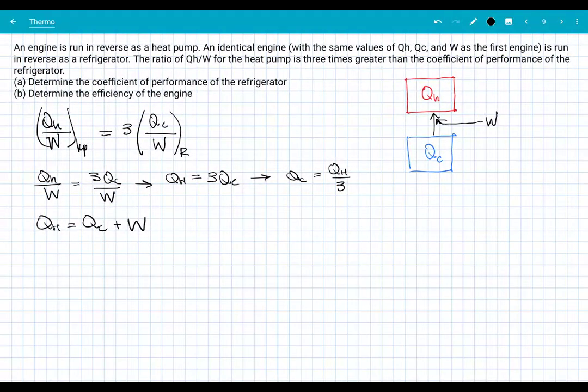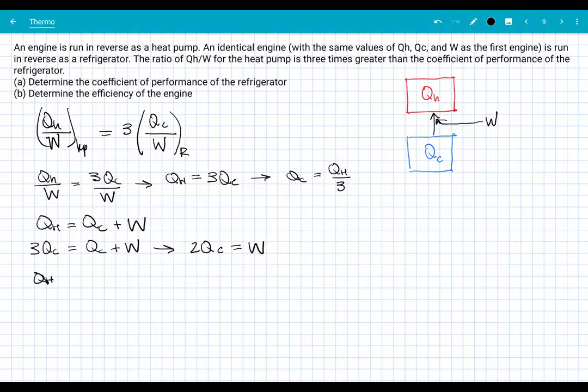And nothing else is going on there. We just have those 3 components. So to sub in here, I can say, well, sub in 3 QC for QH, so 3 QC is equal to QC plus W. And that will give me this relationship, 2 QC equals work.